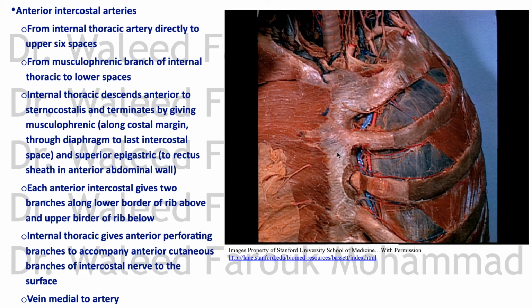The anterior intercostal arteries are from 2 sources, actually, but they are the same. The internal thoracic or internal mammary artery comes from the first part of the subclavian artery, from the inferior surface of the subclavian artery. We studied this in detail in the root of the neck.